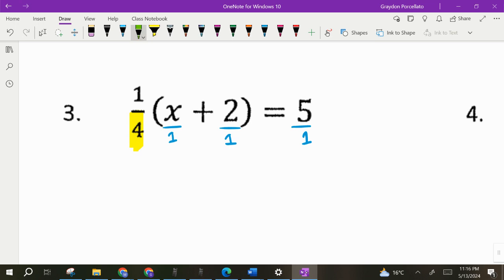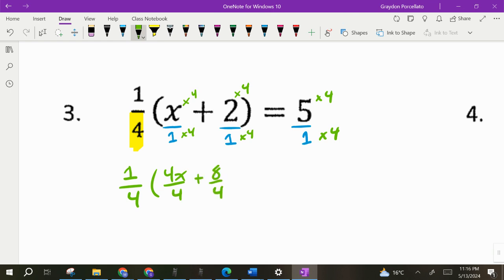So that means I'm going to multiply every number, top and bottom, by 4. Top by 4, bottom by 4. Top by 4, bottom by 4. Let's see what we get. We get 1 over 4, bracket, 4x over 4, plus 8 over 4 equals 20 over 4.